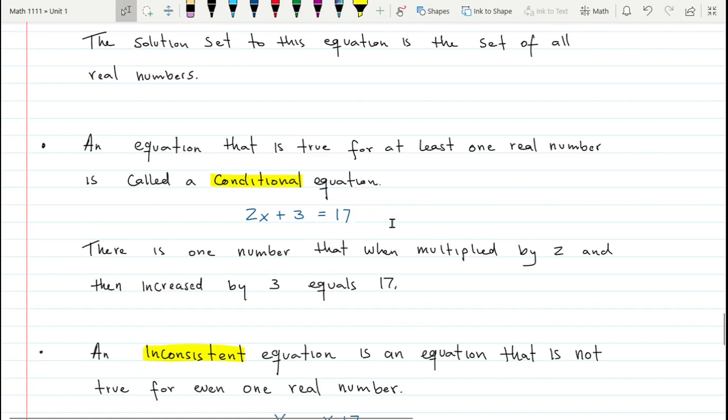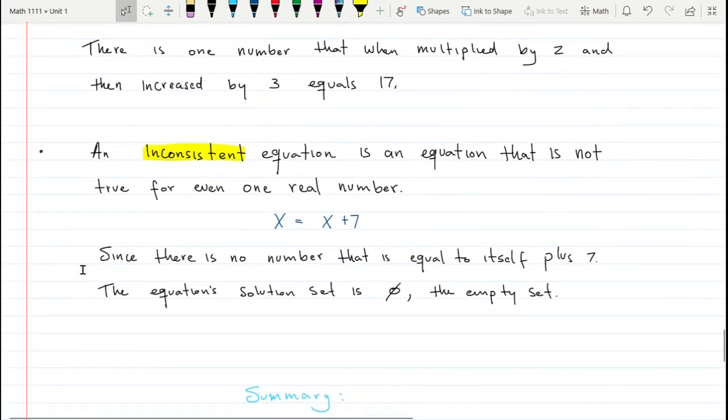So there is one number that you multiply by 2, add 3, and it ends up equaling 17, right? That's what this is saying. So there's a condition: whenever that number is the right number, you multiply by 2, you add 3, and then you get 17.